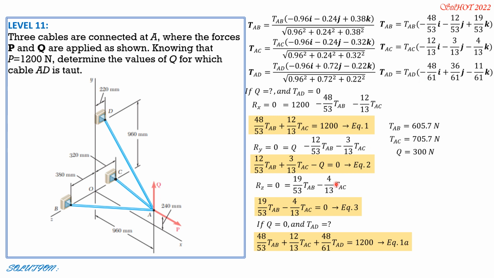So that's why you have 48 over 53 tension AB plus 12 over 13 tension AC plus 48 over 61 tension AD equals 1200.